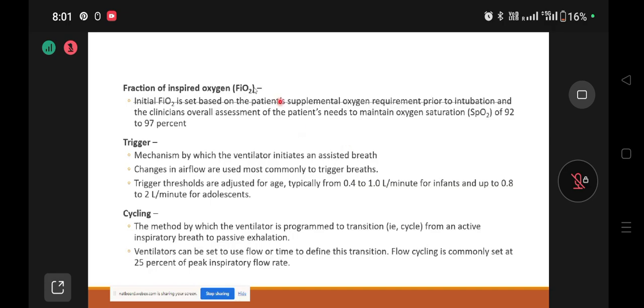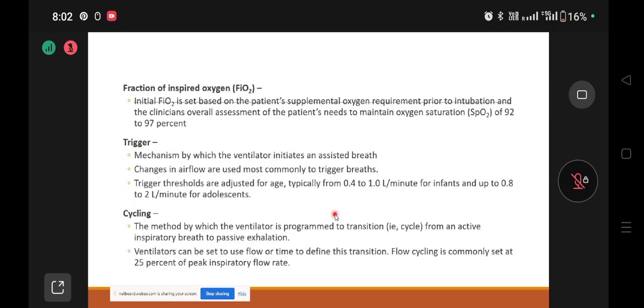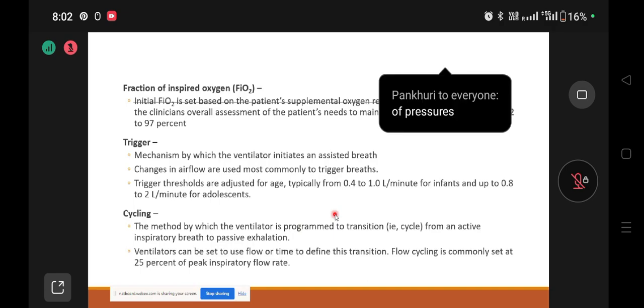And FiO2, we know, is the amount of supplemental oxygen which is required so as to maintain a target saturation. We'll talk about trigger and cycling, but let us see that trigger is something which initiates the breath. How does the ventilator know when to initiate the breath? So trigger is something which initiates the breath, and there are various parameters which are used to trigger. Cycling is when the ventilator is allowed to cycle from inspiration to expiration.